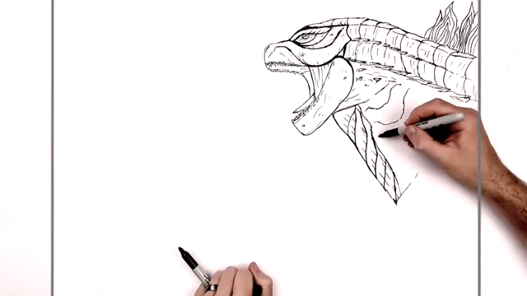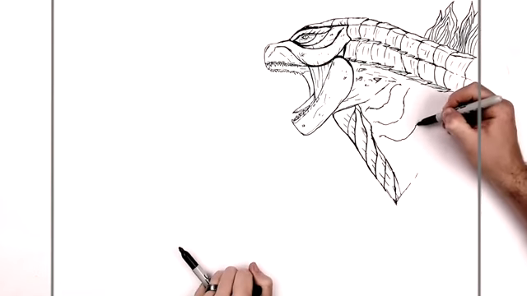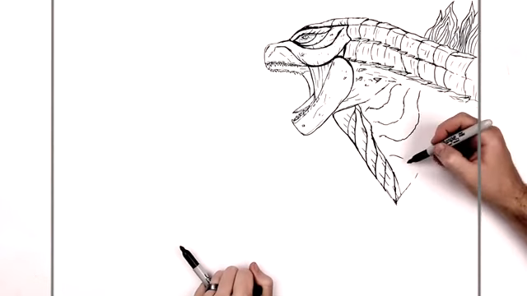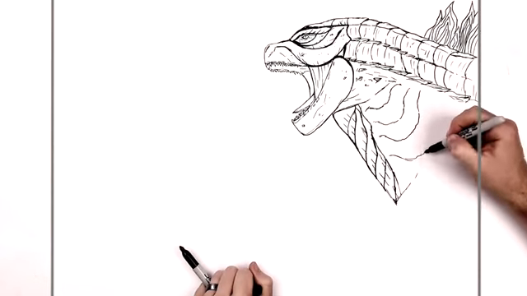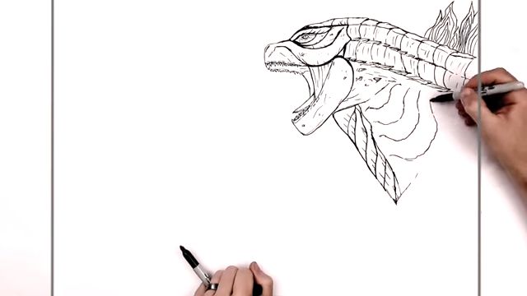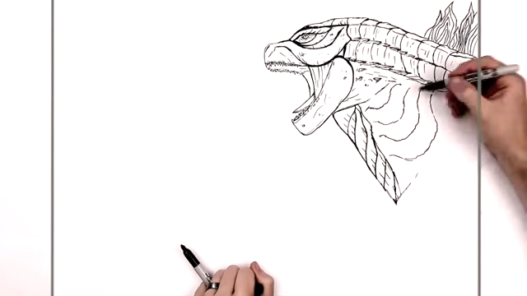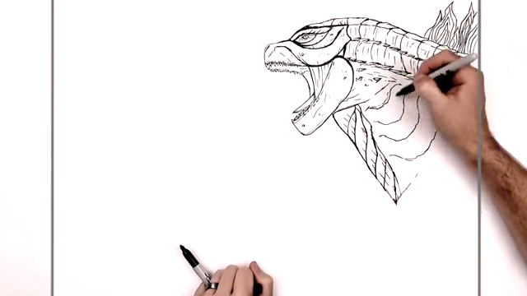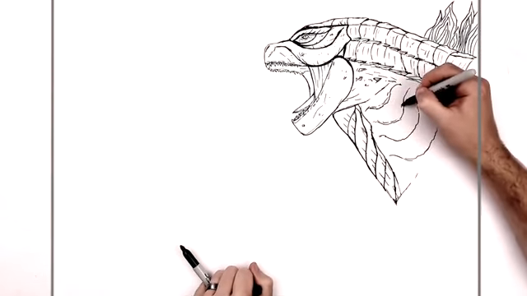So this is where most of that blue stuff seems to be when he's using his nuclear breath.